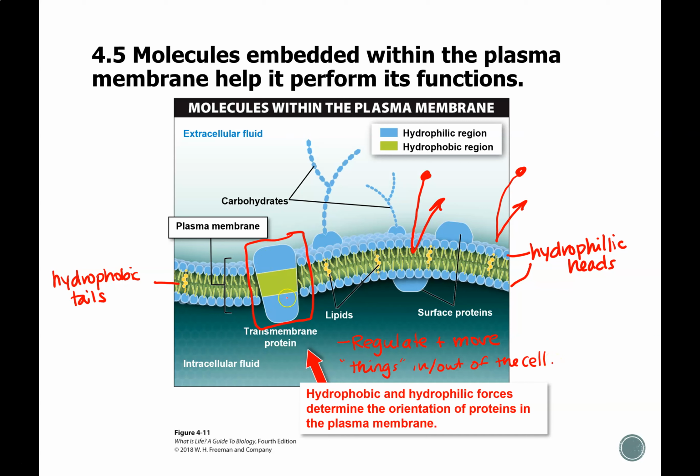Now, the reason that they can stick inside the plasma membrane is that they too have hydrophilic and hydrophobic regions. So those hydrophilic regions are going to be attracted to the hydrophilic region of the plasma membrane, and they can get stuck in there, stay in the membrane, and perform their jobs.